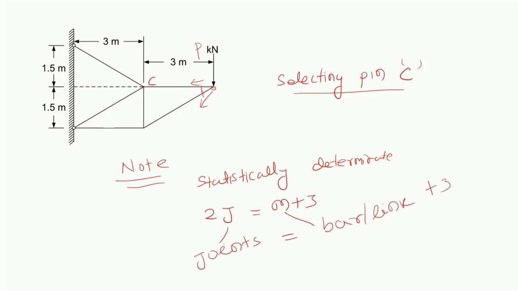Let this be a structure, the number of joints is equal to 1, 2, 3, 4, 5. Number of bars is equal to 1, 2, 3, 4, 5, 6.